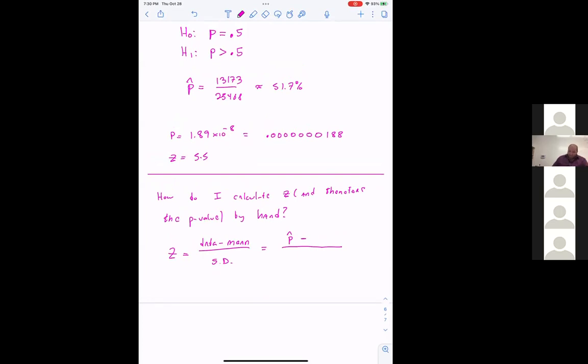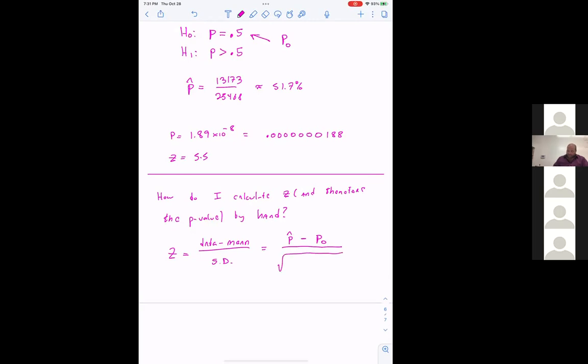In our examples, that was 0.5, but in other examples it might be a different value. So the number we pick, we just label P0, the specific p under the assumption of the null hypothesis. So it's going to be p hat minus P0: our actual value minus the expected value, which in our case has been 0.5, and in general is P sub 0.